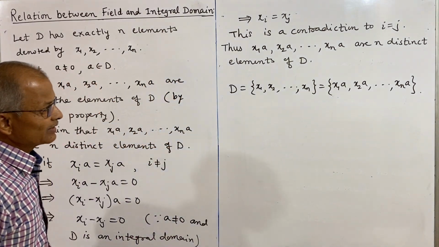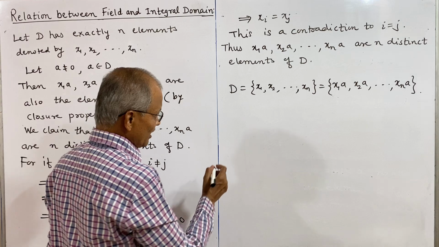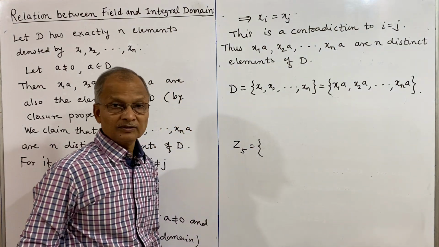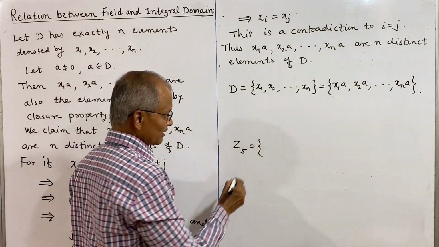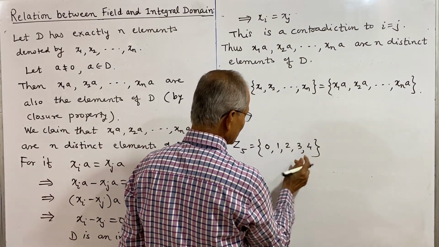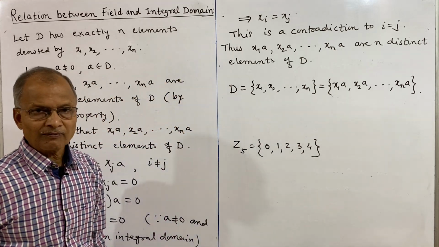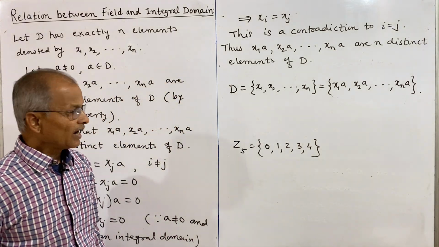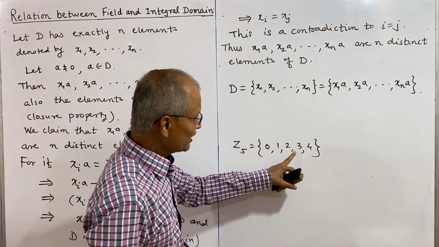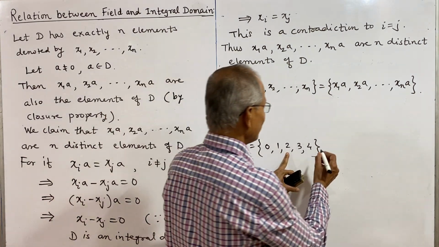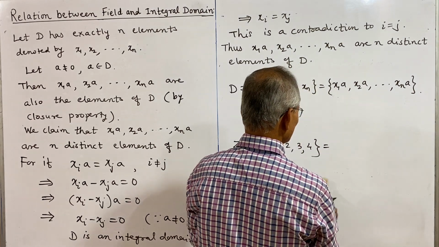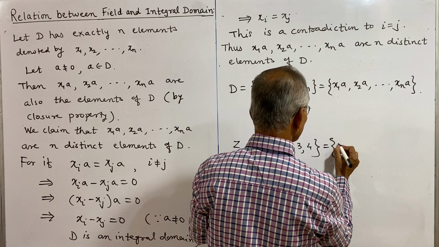And we have studied one such example. See, if you consider Z5, the ring of integers modulo 5, then these are the integers 1, 2, 3, 4. So it is an example of a finite integral domain. And if you consider any one element, say 2, and multiply all the elements by 2, which elements will we get?